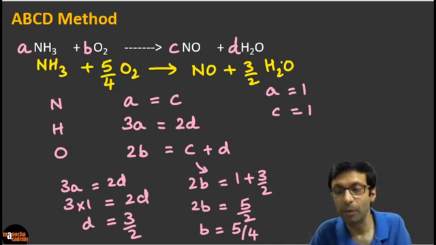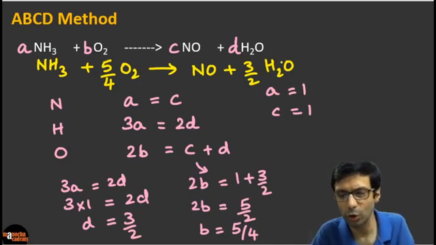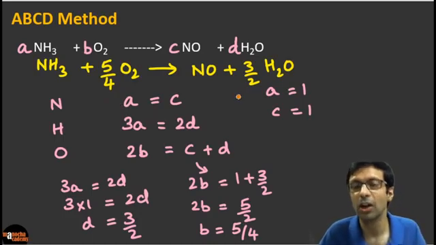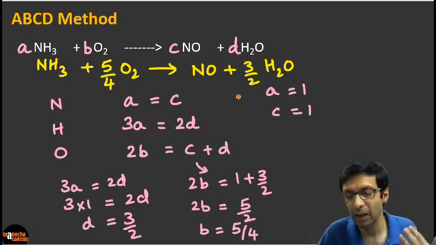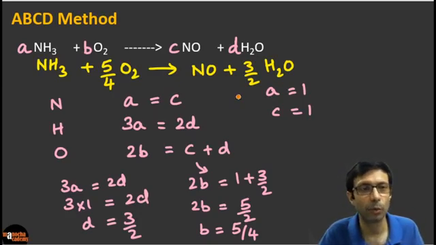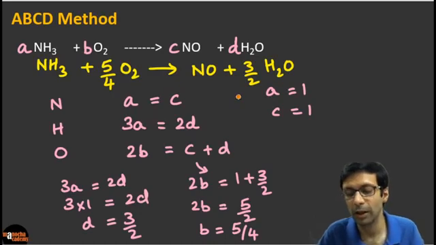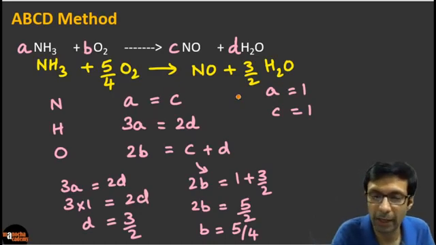And now remember, we can't leave fractions, right? Because you can see there's a 5 by 4 here, there's a 3 by 2 here, that's not allowed. So to get rid of the fractions, you can simply multiply. So what should we multiply by here? To get rid of the denominators, we are going to multiply by 4.